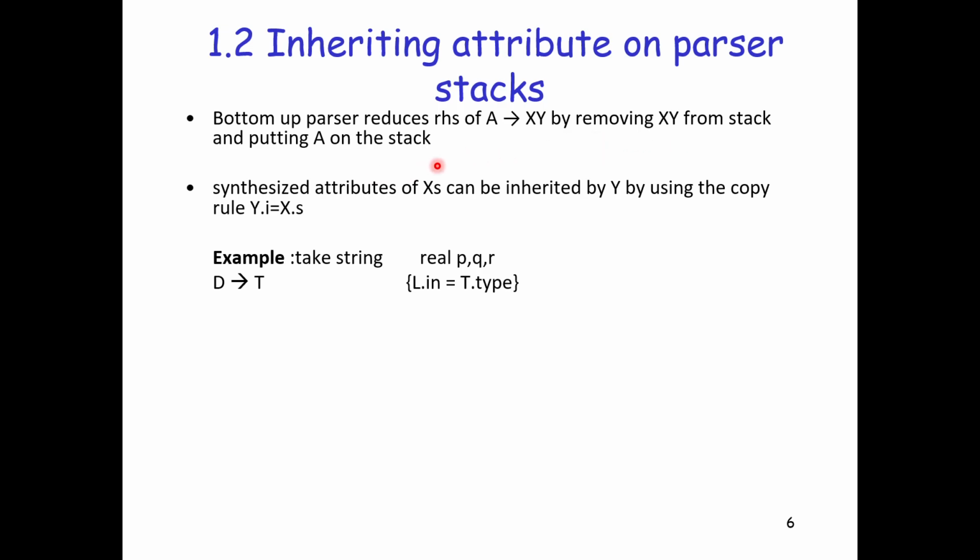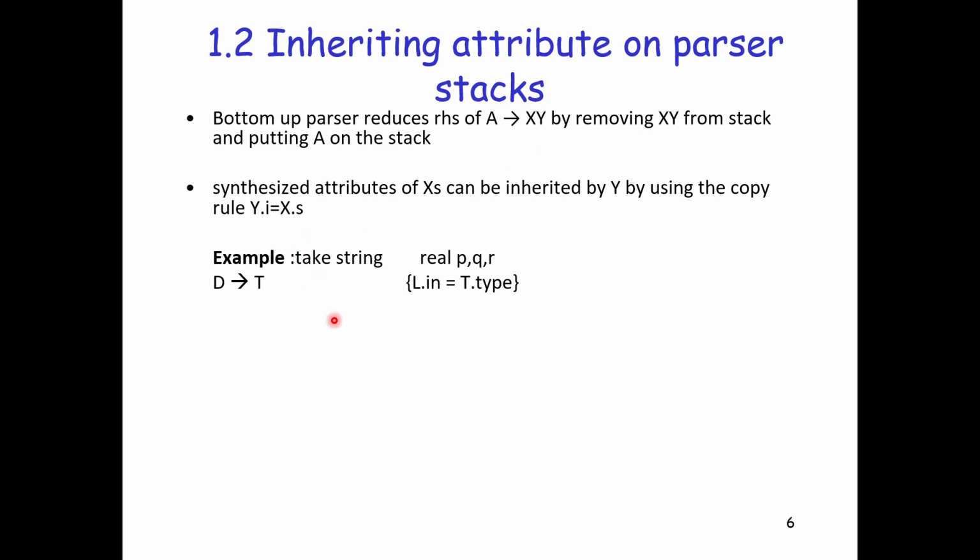That is the basic shift reduce principle. Synthesized attribute of X can be inherited by Y by using the copy rule Y dot i equal to X dot s. If Y is an inherited attribute and X is having a synthesized attribute, Y can copy the synthesized attribute value of X by using this statement.